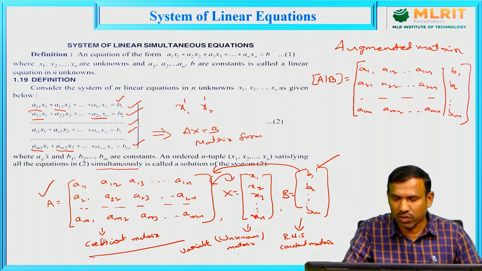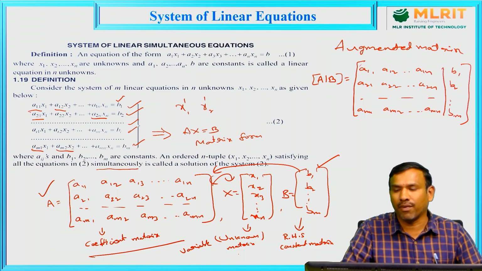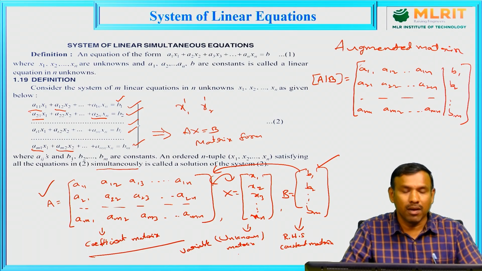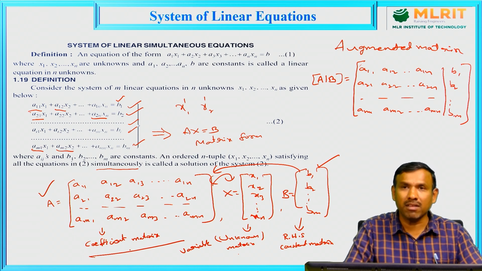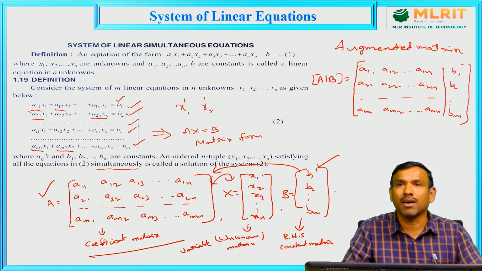Further we use this matrix, so I am defining it here itself. This is the representation of the given system of equations in matrix form: the coefficient matrix, the unknown matrix, and the constant or RHS matrix. A and B together we call the augmented matrix.